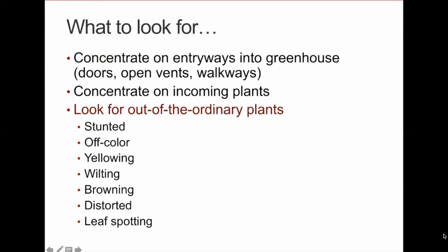Another thing is to concentrate on the incoming plants that have just arrived from greenhouses other than yours, because, as you saw in the first couple of slides, those can be the plants that have the initial inoculum.